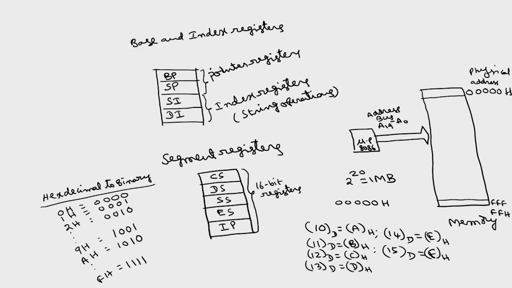So, the calculation for these addresses, in case of code segment, this is code segment. The entire memory can be divided into segments. The entire 1 megabyte of the memory can be divided into segments of maximum capacity 64 kilobytes.